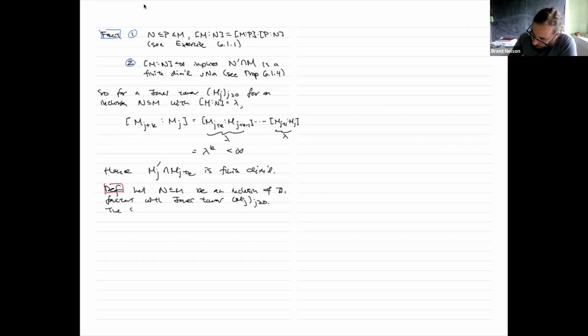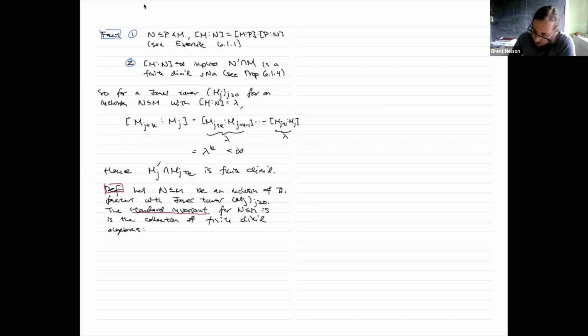The standard invariant for N inside of M is the collection of finite dimensional algebras given by the following.